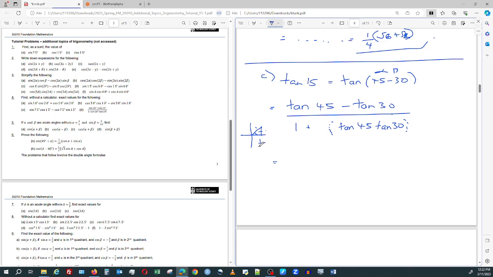So 1 over root 2 divided by 1 over root 2, which is equal to 1 over root 2 divided by 1 over root 2. You're taking the long way, which is equal to 1 over root 2 times root 2 over 1. Oh my goodness gracious. Tan 45 has an equivalent of 1.